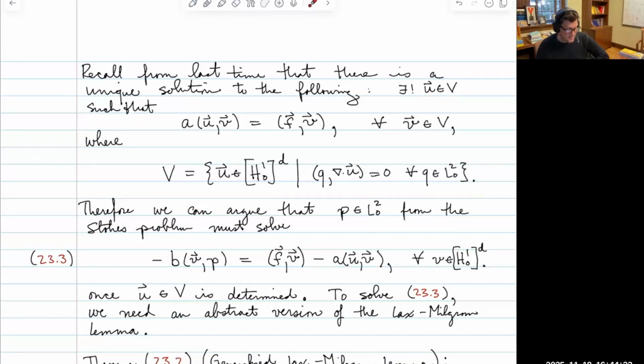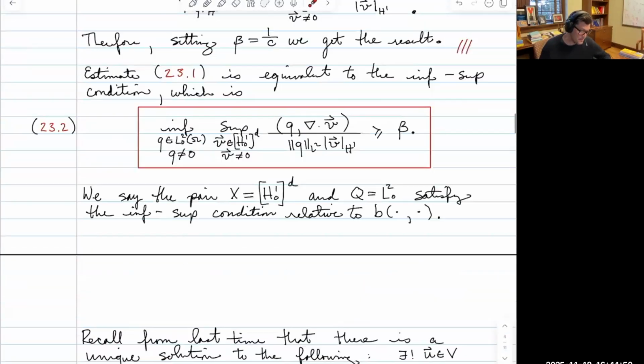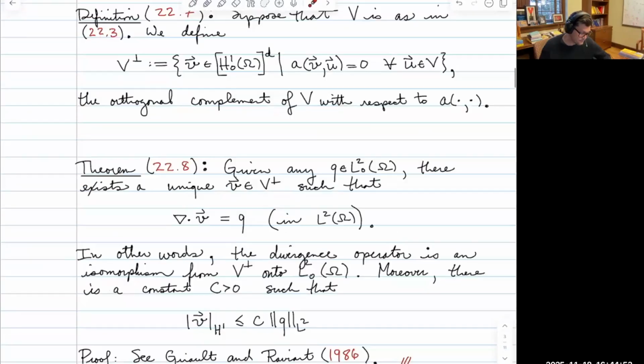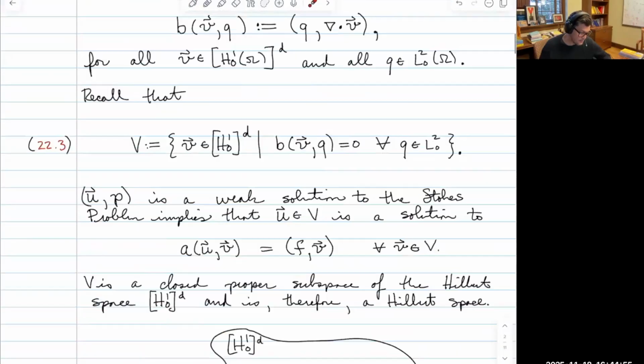Now, what this means is that once we have U, a unique solution for U, we can argue that, well, now that we have U, we can get P from going back to the original Stokes problem. So if I remember, the original Stokes problem in the weak form looked like this.